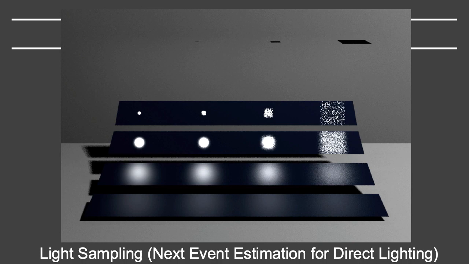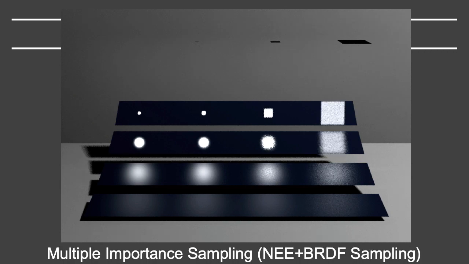On the other hand, if you do next event estimation for direct lighting, most of the scene is actually handled quite well, but in the top right regions, you cannot actually handle the scene very well because this is a near mirror surface and most directions to the light don't have a significant contribution, so you really want BRDF sampling. If you combine lighting and BRDF sampling using multiple importance sampling, now the entire scene is handled well.